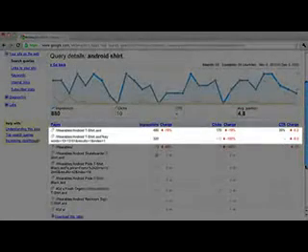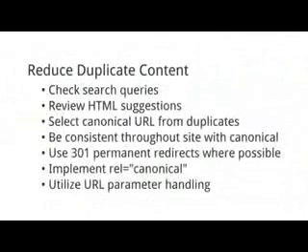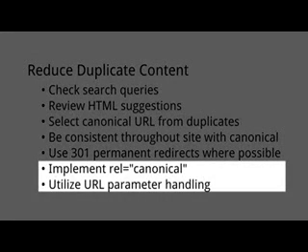In search queries, as the SEO, I also noticed that some of these URLs are duplicates. These two results look similar, but differ only in their parameters. Here's some general advice for duplicate content issues. But to reduce duplicate content in this particular case, I'll use rel canonical as well as utilizing URL parameter handling in Webmaster Tools.